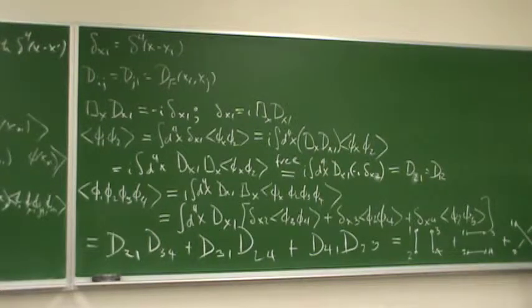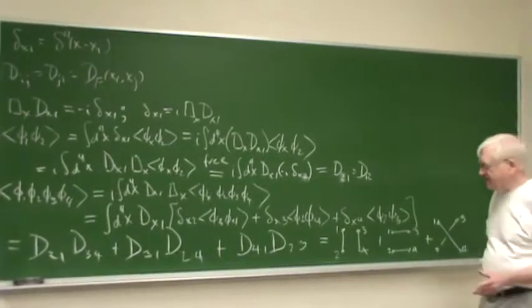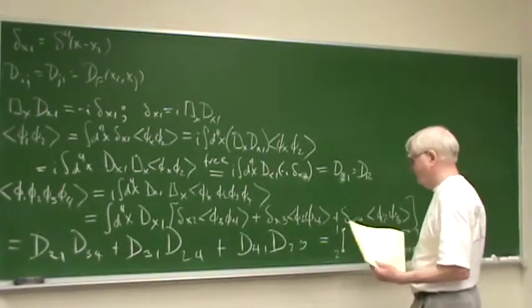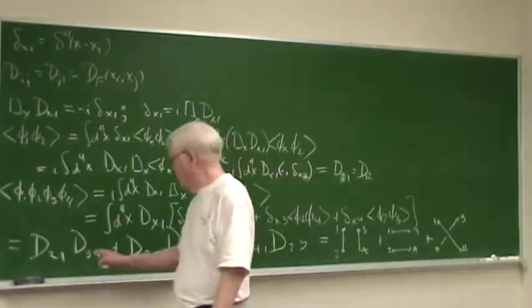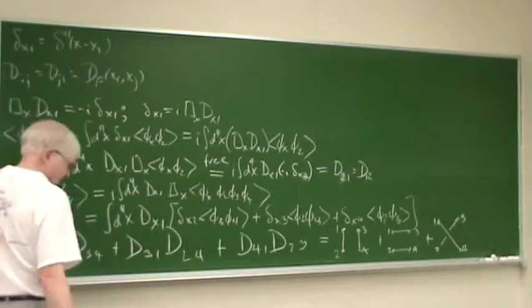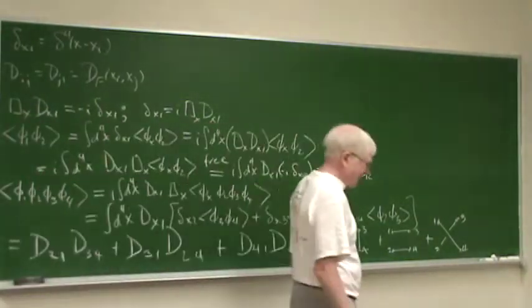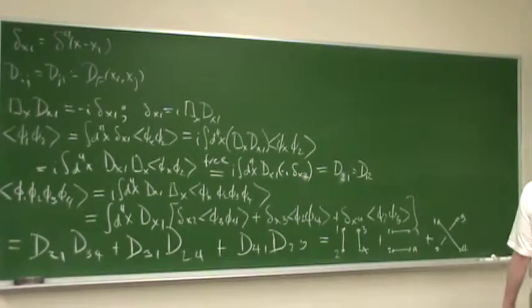All right. So he's writing these, in other words, each position, x1, x2, x3, x4, gets represented by a dot. Each Feynman propagator gets represented by a line. And that's the picture there. All right, any questions?